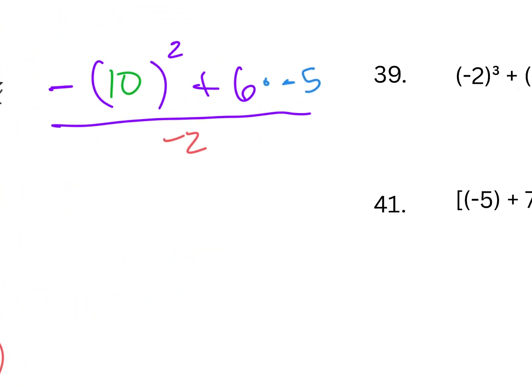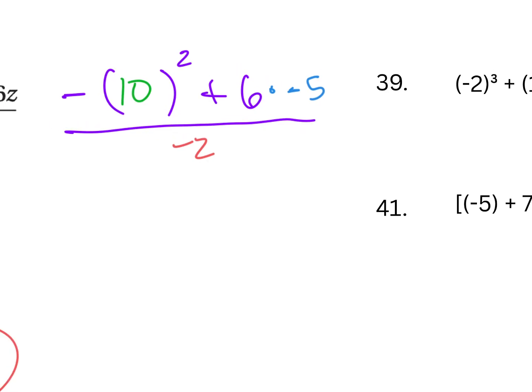All right. Parentheses, exponents. Negative 100 plus 6 times negative 5 all over negative 2.